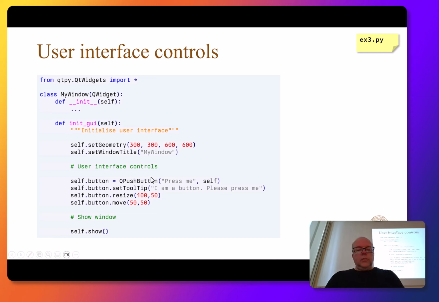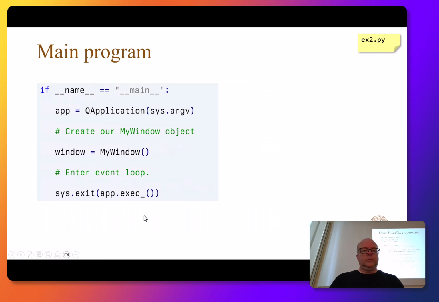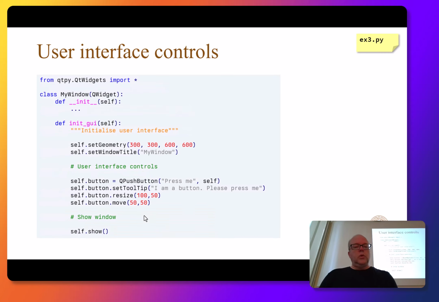So the parameters to QPushButton are "Press me", that is a string, and then self here, that is where it should be attached to. Who owns this object? In this case, self is the window, so the button is attached to the window. And then I call resize here to set it to a certain size. I move it to 50 by 50. I just show the window here again.